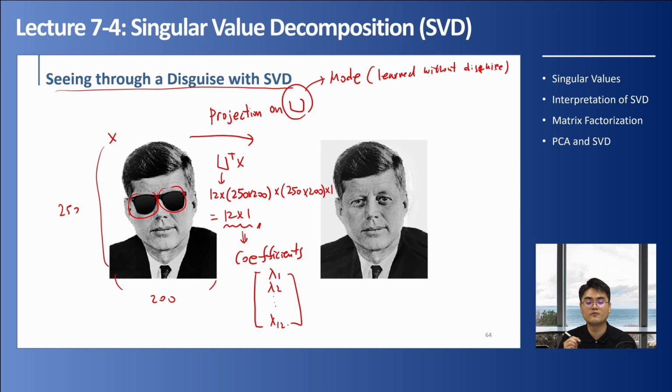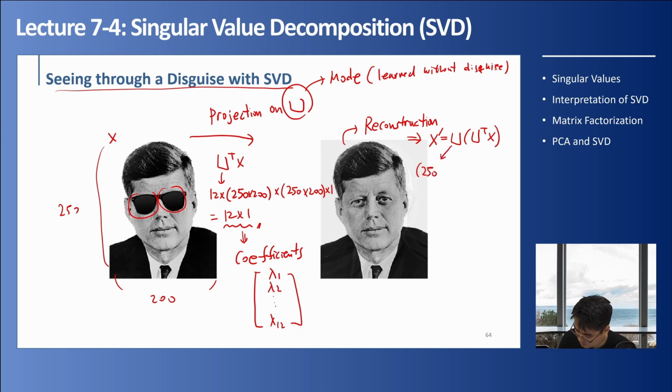And based on these coefficients, we can also do some reconstruction from here. When we're doing reconstruction, we can do this by x prime equals U times U transpose X. And here, U has the size of 250 times 200 by 12.